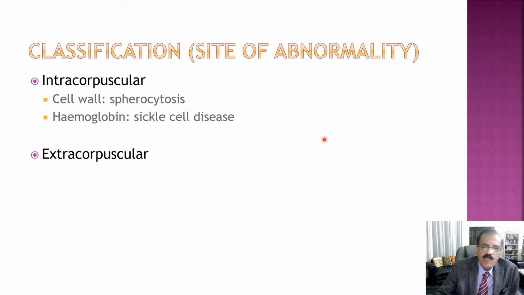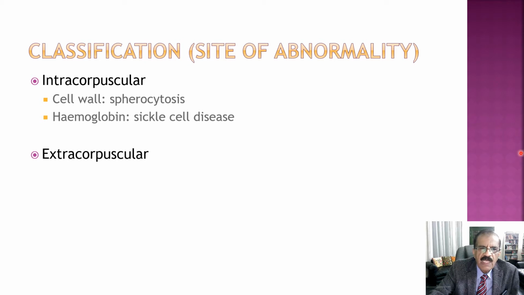Then there could be a problem with the hemoglobin molecule, and it can have two types of problems. One could be a structural defect, an actual abnormality in the hemoglobin amino acid sequence that would result in some kind of hemoglobinopathy. There are many of them, but sickle cell disease, the hemoglobin S disease, is the commonest.